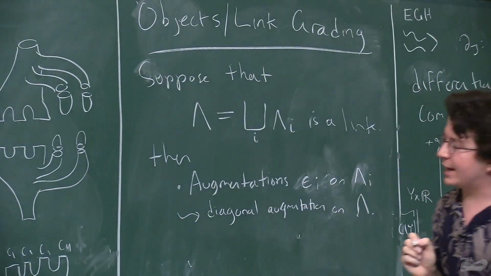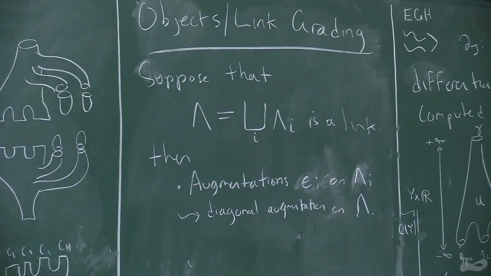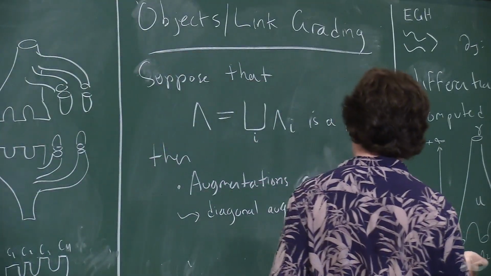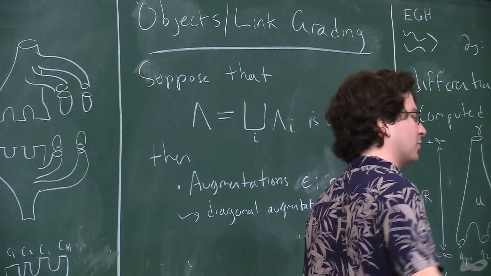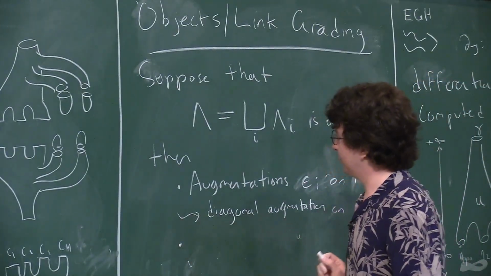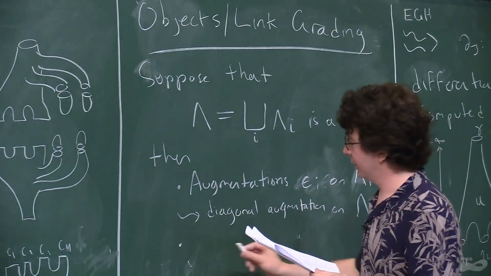Basically, the reason for that is that if you have a chord which has constant terms in the differential, then it has to be on the same connected component, so that chord has to be connecting a component to itself. So essentially, you don't really need to add anything if you want to augment the union of the link.